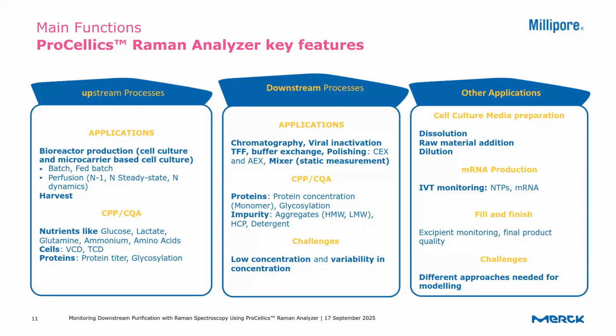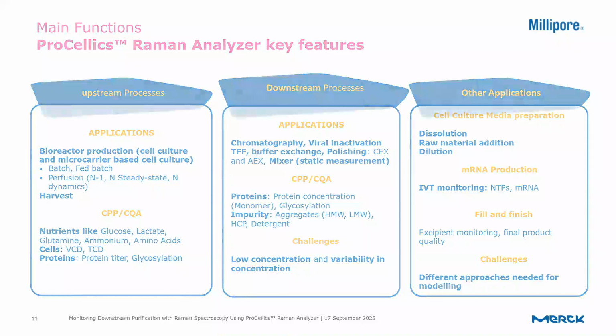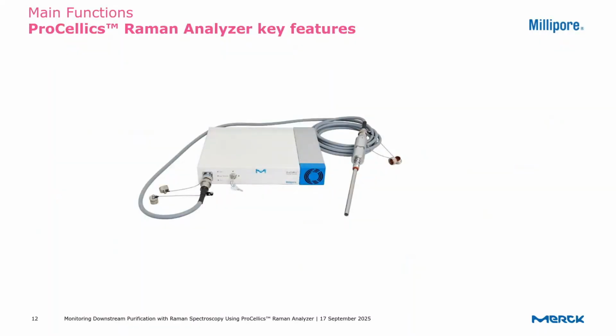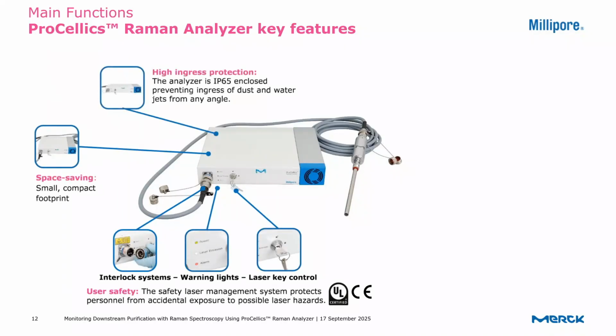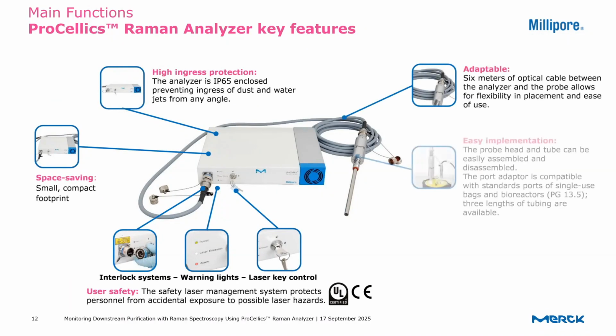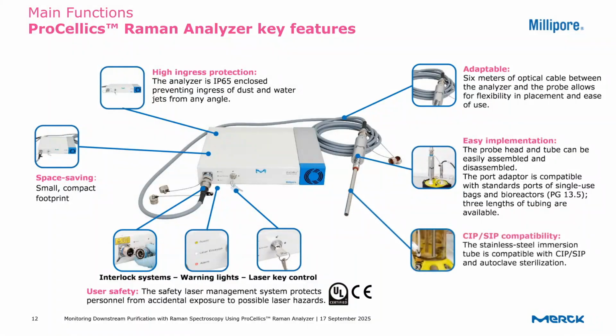We'll be looking at protein concentrations and solvent levels. When we're looking at our specific offering, we feel we are positioned to meet some of the challenges of the space. There are a number of qualities of the system that we feel position us to implement well in tangential flow filtration.